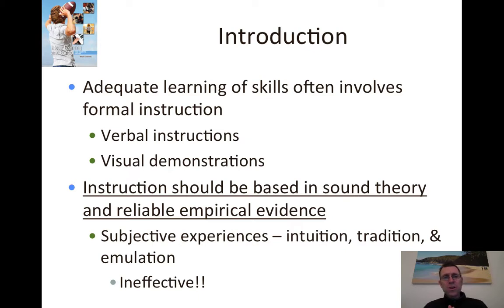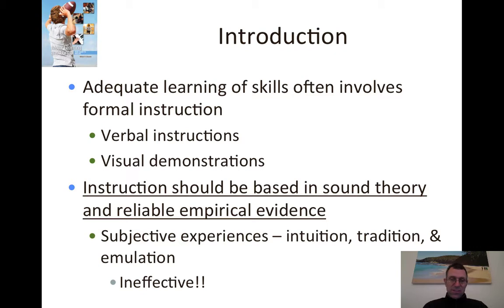So as you already know, adequate learning definitely involves a little bit of help, right? We can learn some things on our own, but to get to mastery levels, oftentimes a little bit of instruction can go a long way. Instruction should be based in sound theory and reliable empirical evidence. In other words, you shouldn't just have a hack providing instruction.